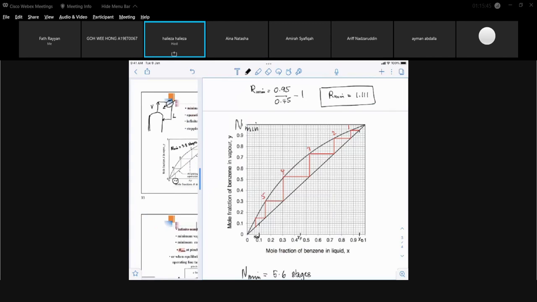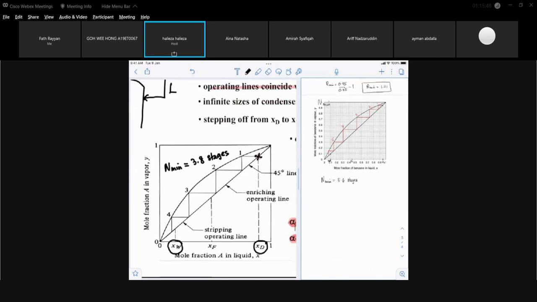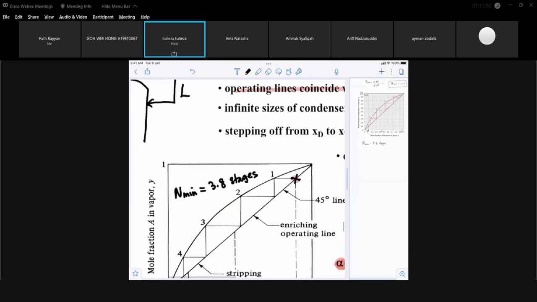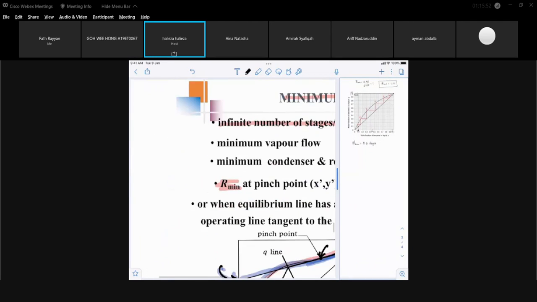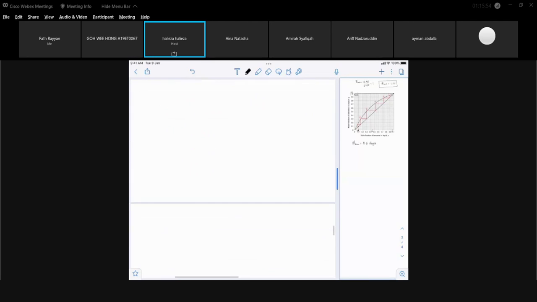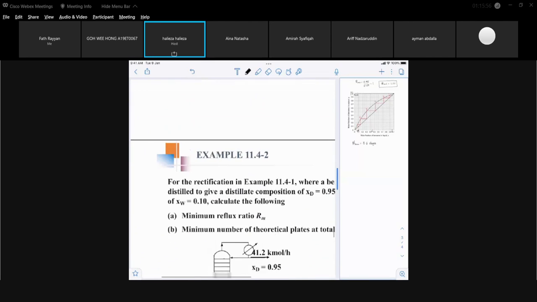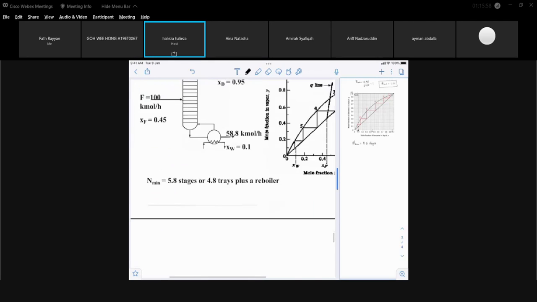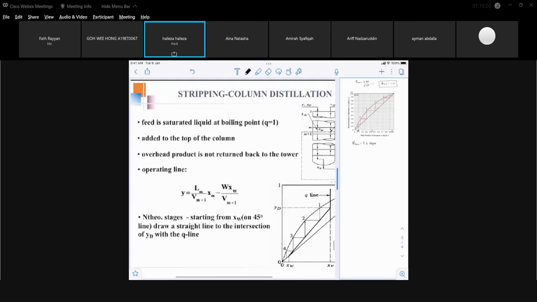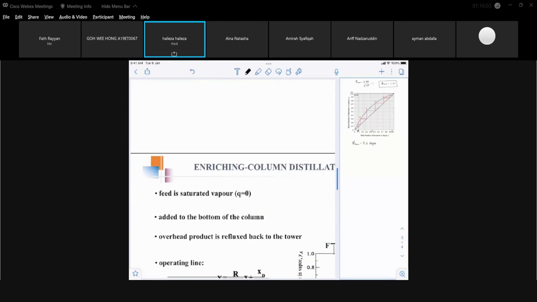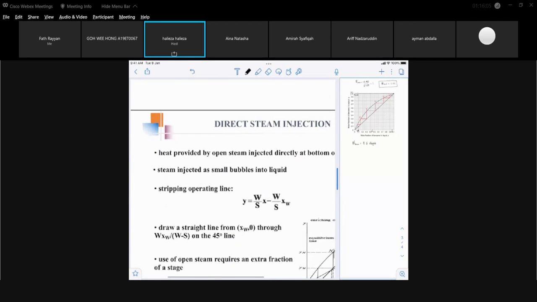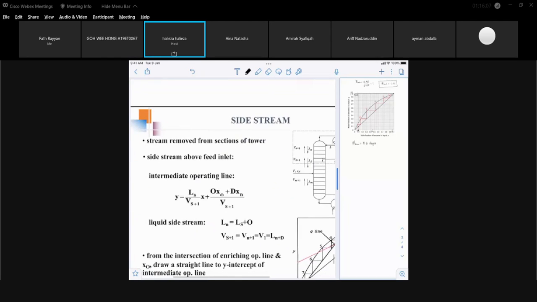So we will be looking at more special cases of McCabe-Thiele. Besides the example that we have looked at, we also have stripping column, enriching column, direct steam injection, and the last one, side stream.